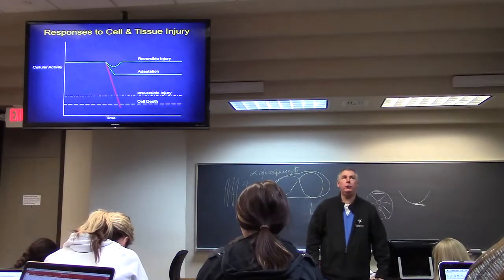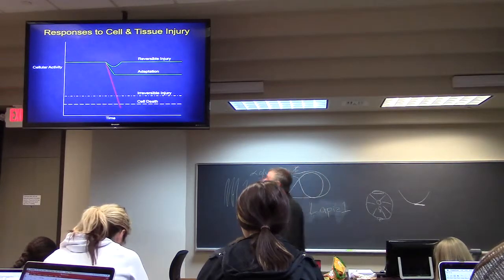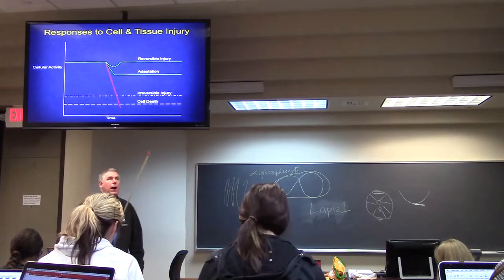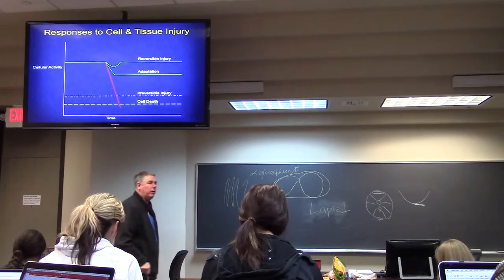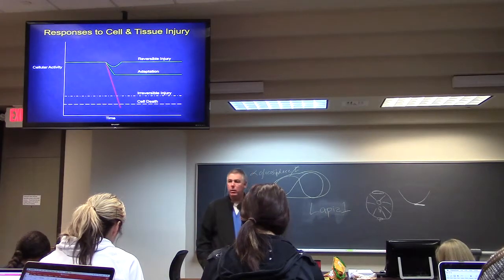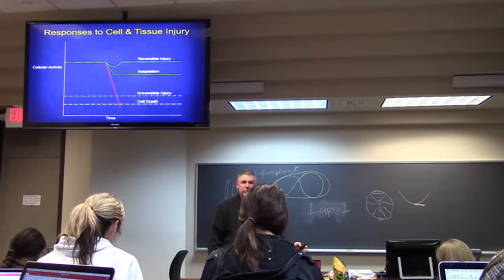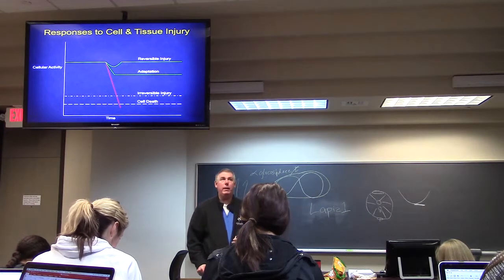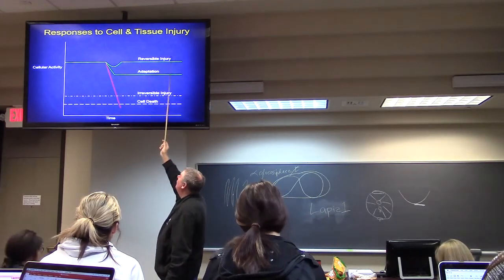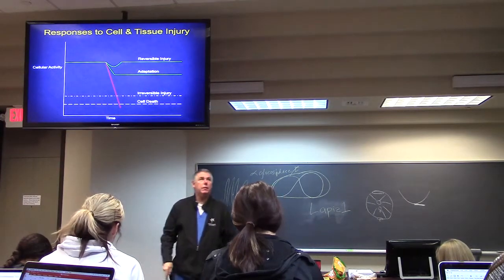Okay, so injury. Now, you've got the homeostasis going on over here. There are different types of injury. A mild injury is something that can be reversed. If it's acute, the insult goes away and it's not too extensive, you can recover from it. And that dip can go all the way down here in some tissues.